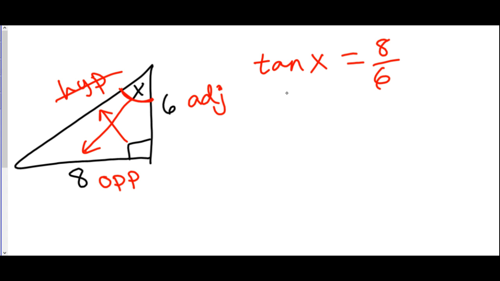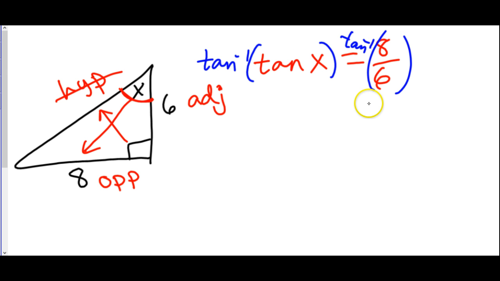There is only one way to get rid of tangent, and that is called the inverse tangent. Now it's kind of weird because most of the time we put the operations below. This is the first one that we put in front of our terms on both sides. So tan inverse, tan -1, means tangent inverse, gets rid of the tangent and leaves you with just x.